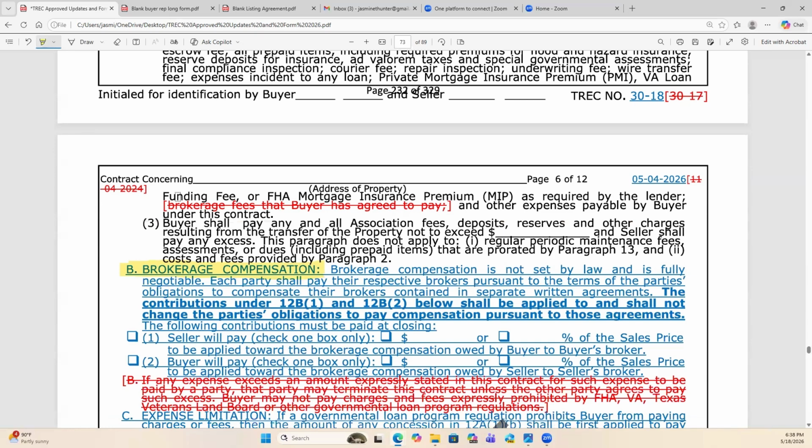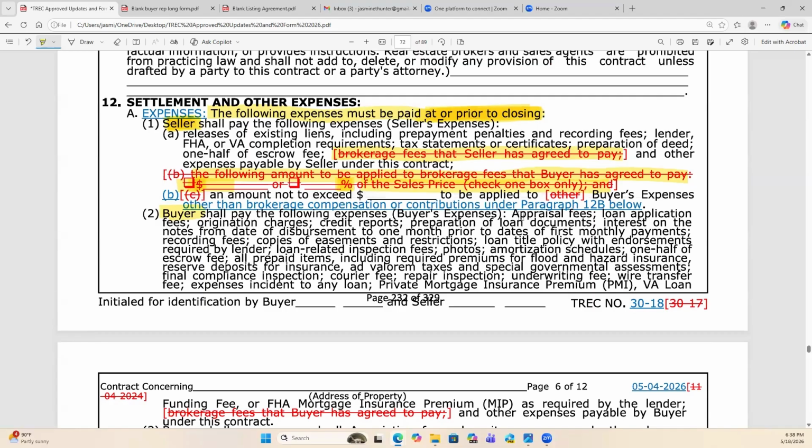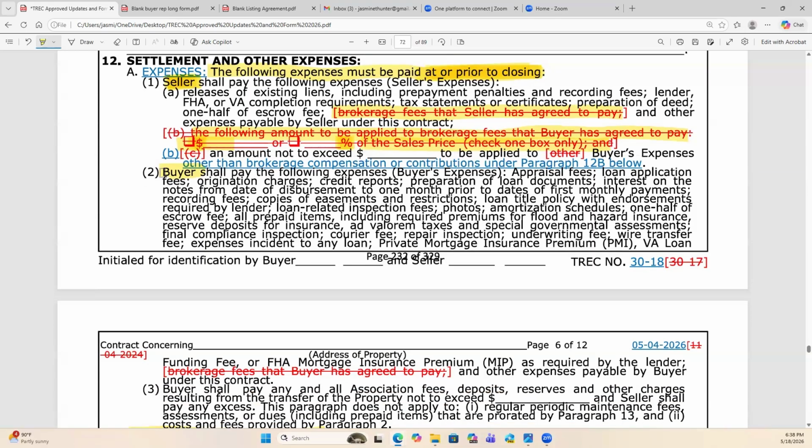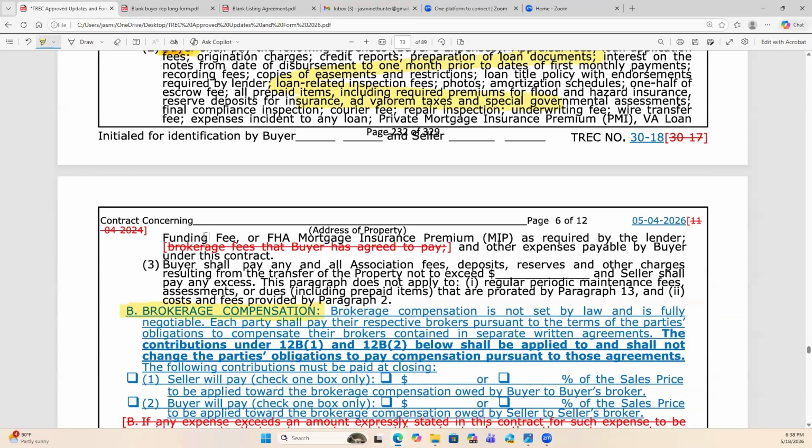And then down here, we're talking about brokerage fees that the buyer has agreed to pay. So this is saying the buyer now has expenses that have to be paid, okay? What expenses does the buyer have? Here is a list, all of this plus all of these. Okay.